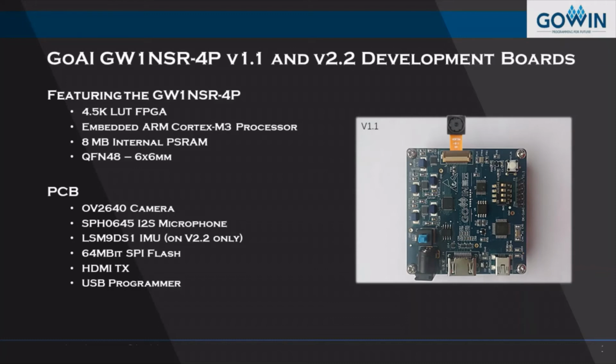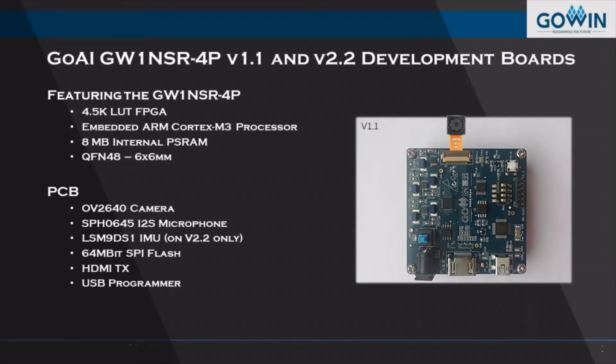The PCB has a camera connector for an OmniVision 2640 camera. This is also compatible with other OmniVision cameras, other similar parallel interface cameras, as well as the Himax HB01 camera, which is pretty popular for machine learning type applications, a very low power camera.